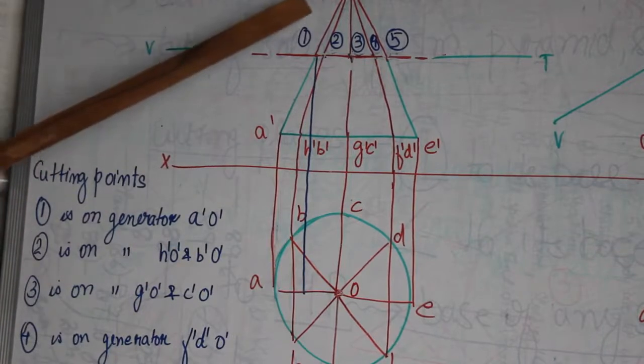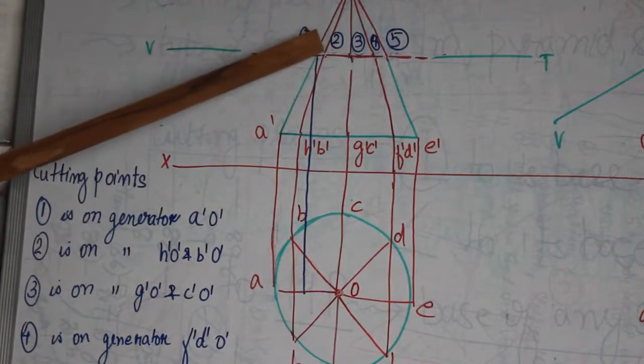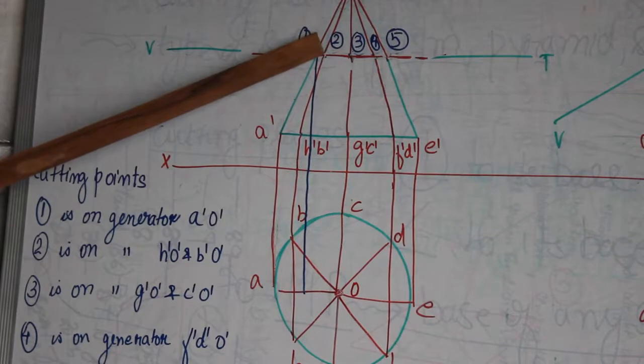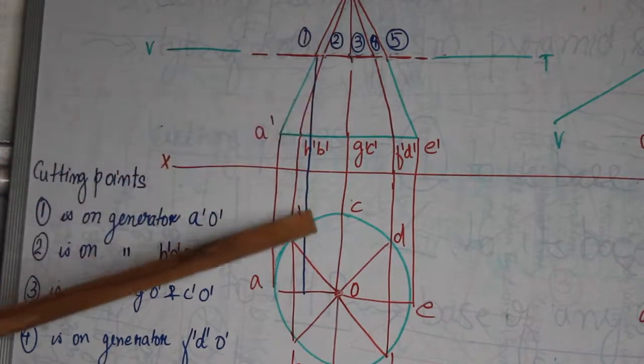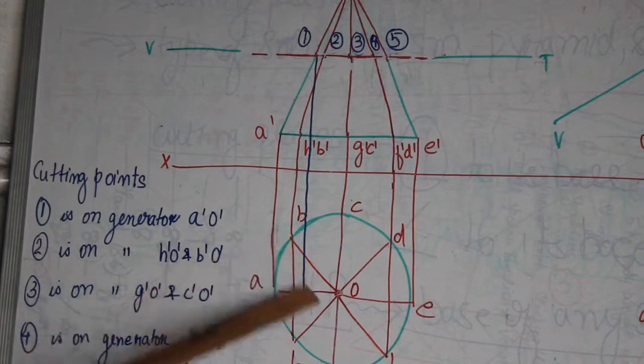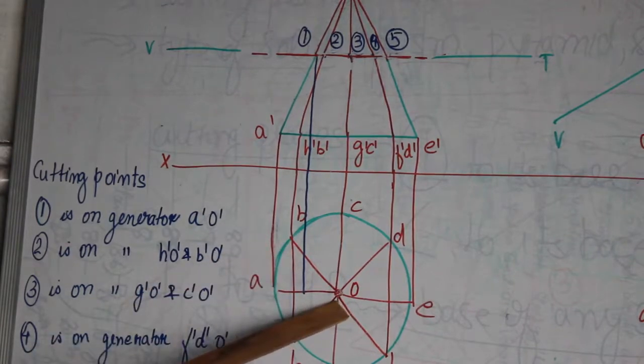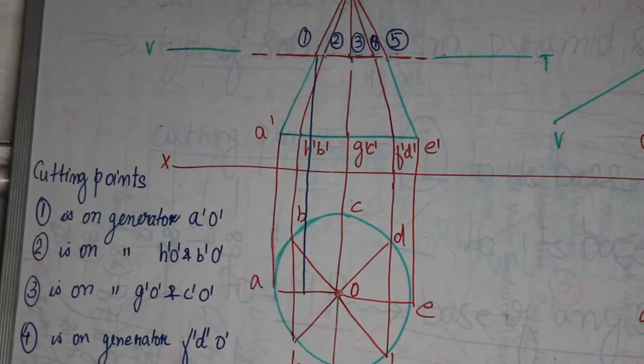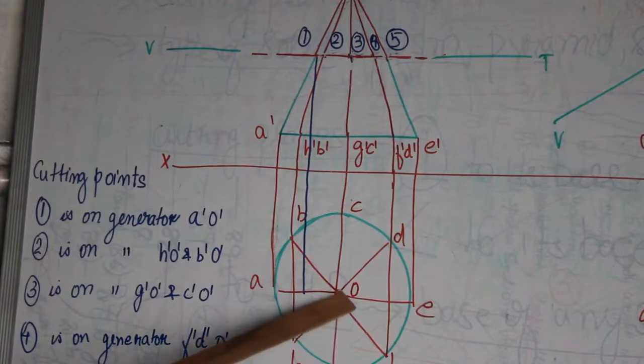For example, I start from cutting point 2. I'll start a straight line from this point, take it straight down, and take it till BO in the top view, generator BO and generator HO in the top view.